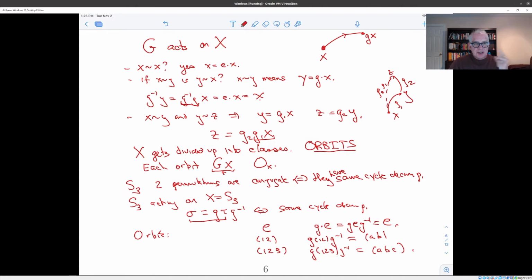So the orbits under conjugation, not just in S3, but actually in Sn, because we know this result in general, are the conjugacy classes. They're the set of cycles which have the same cycle decomposition. To be in the same orbit under the conjugation action is to say that you're conjugate. So we know you can get from any cycle to any other cycle by conjugation, provided they have the same cycle decomposition, but you can't get from one cycle decomposition to another.